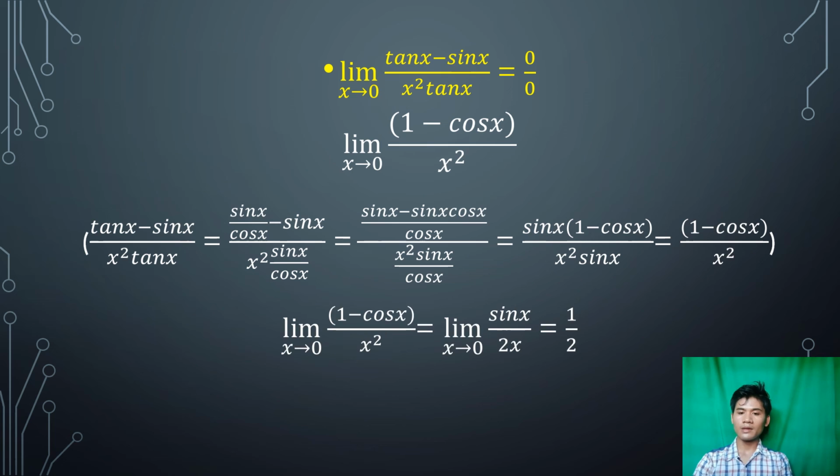And by that, we are now able to apply L'Hopital's rule. So we have the limit of 1 minus cosine x all over x squared as x approaches 0.